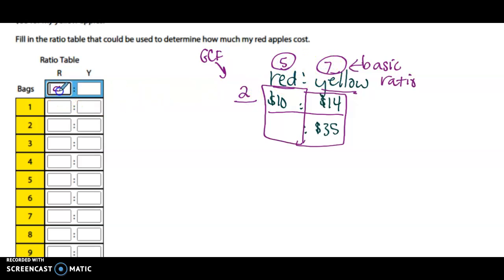So the basic ratio is 5 to 7, greatest common factor. Then you can just multiply this basic ratio by this linking unit out here on the left. So 5 to 7 times 1 is 5 to 7. 5 to 7 times 2 is 10 to 14. 5 to 7 times 3, and I'm going to do this really quickly.